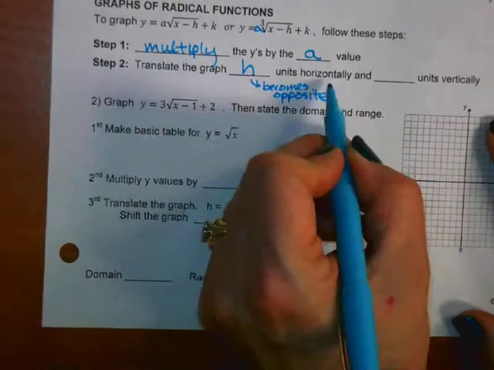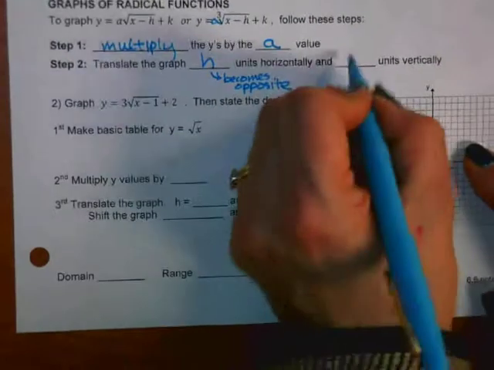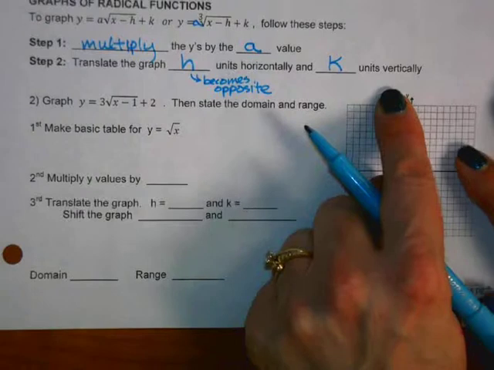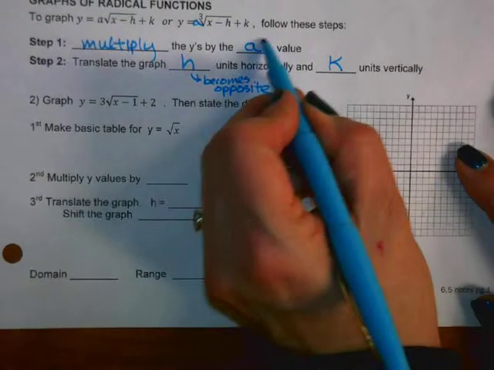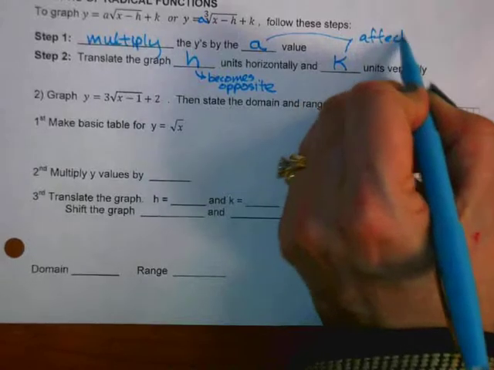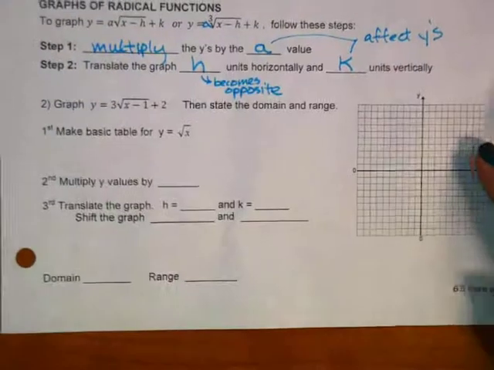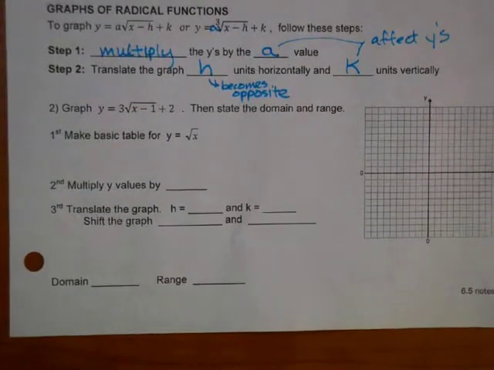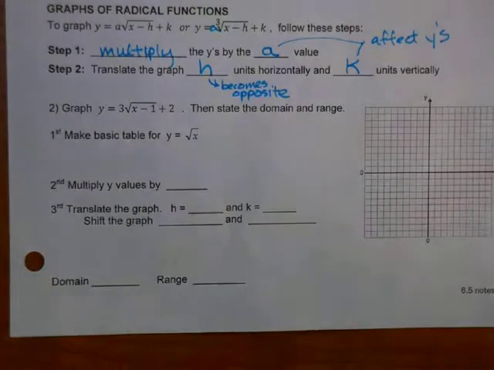H units horizontally and k units vertically. So what I want you to realize here is that a and k affect the y's. A and k affect the y's. A causes a stretch or a shrink, which will make the y's grow or get smaller, and k causes it to go up and down.